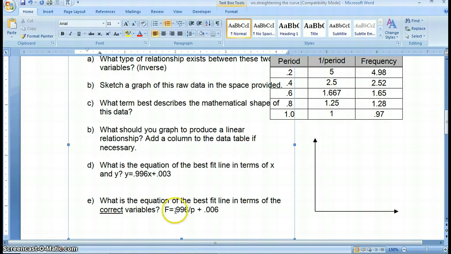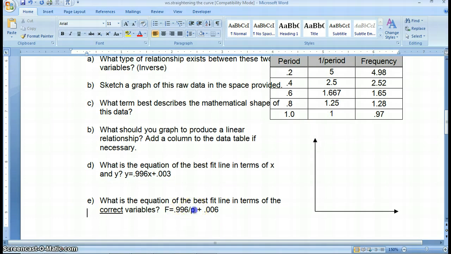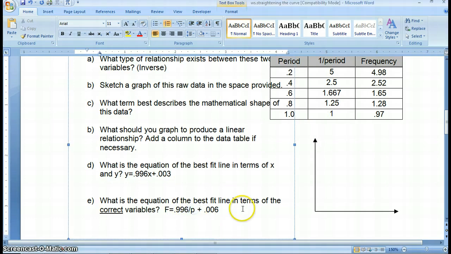So essentially what we've done here is, instead of multiplying by x, we're really multiplying by 1 over x, and x in this case is period.